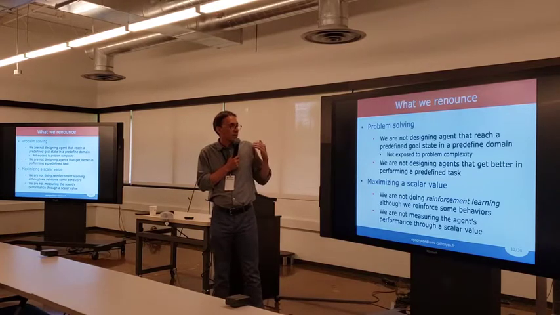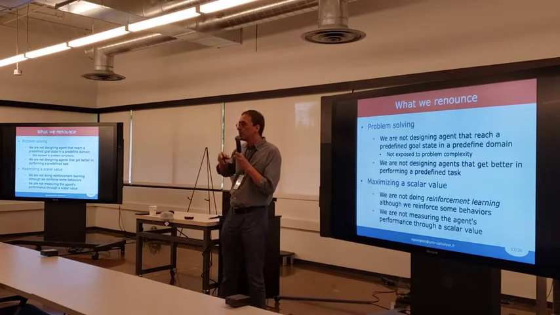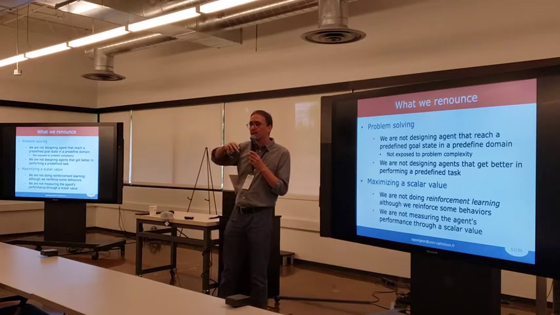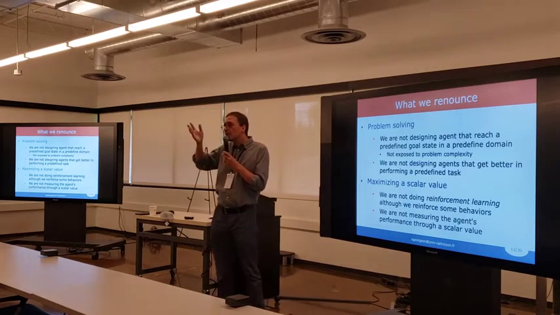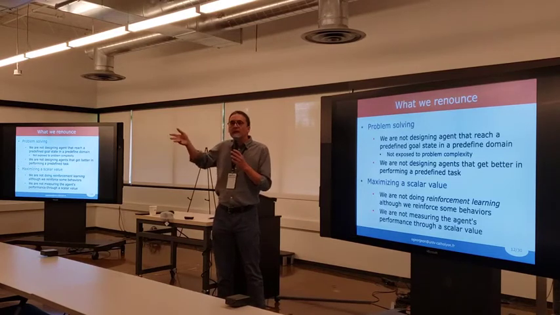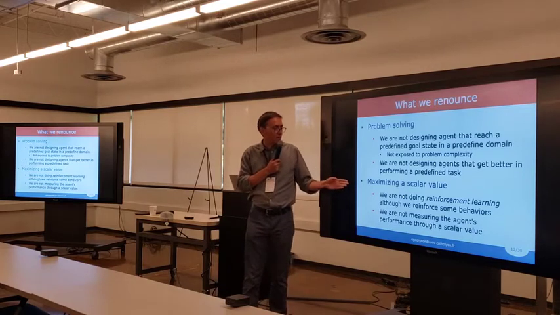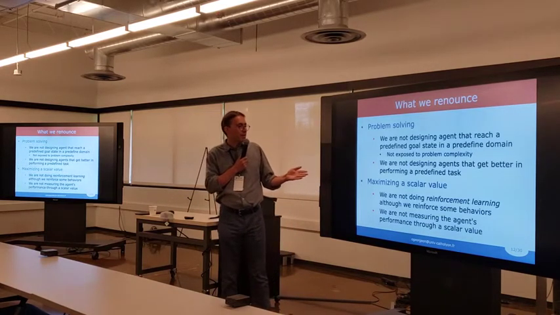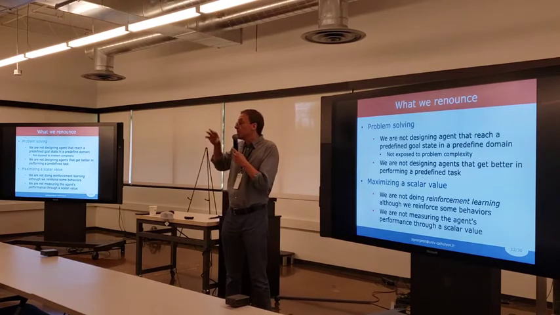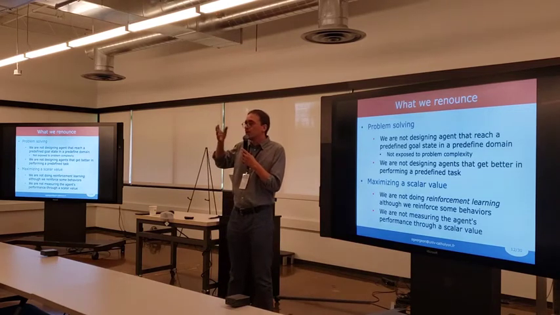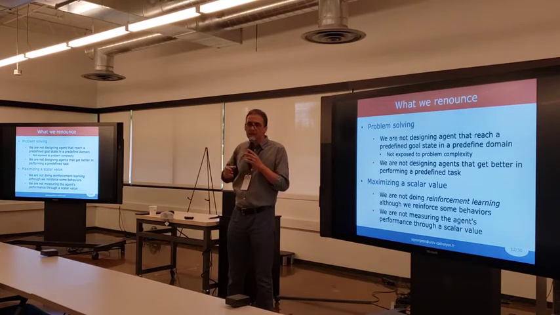So we are not designing agents that get better in performing a predefined task. We want open-ended learning, no predefined task. We just want to show that some self-programming has occurred. We are not maximizing a scalar value, so we are not doing reinforcement learning, although we can use some reinforcement on some behavior, but it's not the traditional reinforcement learning in the sense that we seek to maximize a reward value.